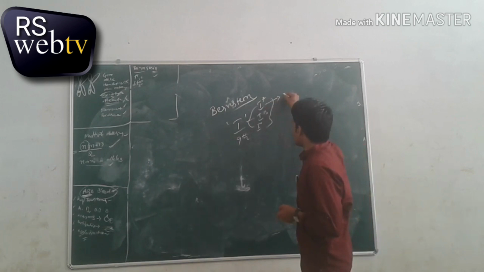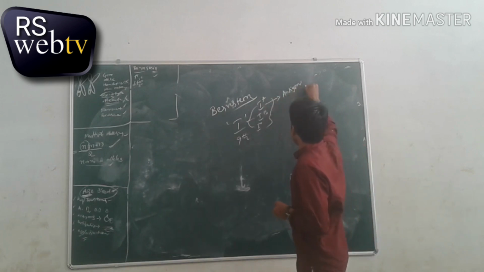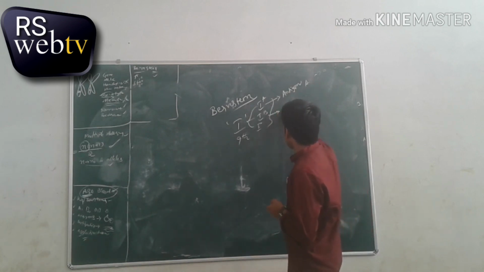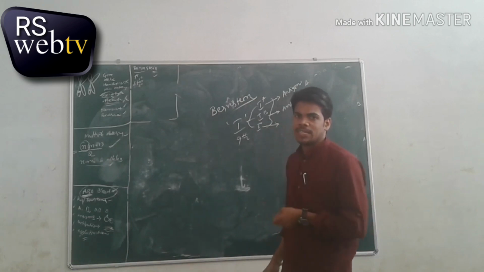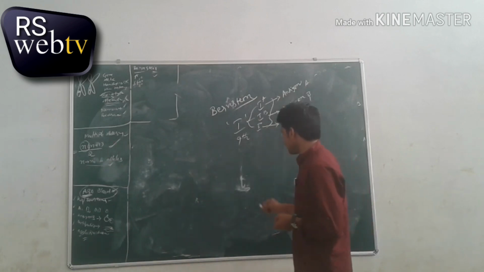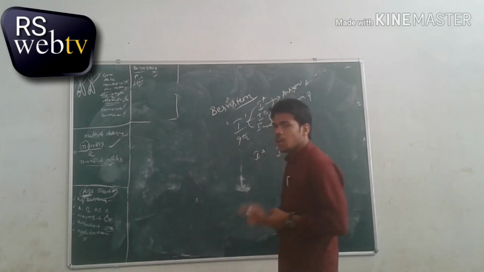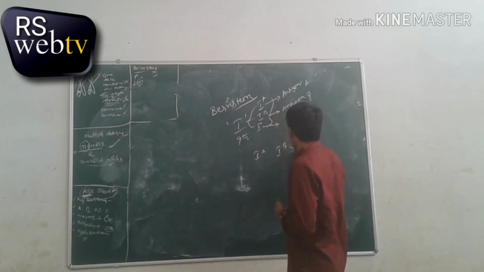IA can produce antigen A on the surface of RBC. IB can produce antigen B on the surface of RBC. IO cannot produce any of these 2 antigens. And here IA and IB both are dominant over IO.